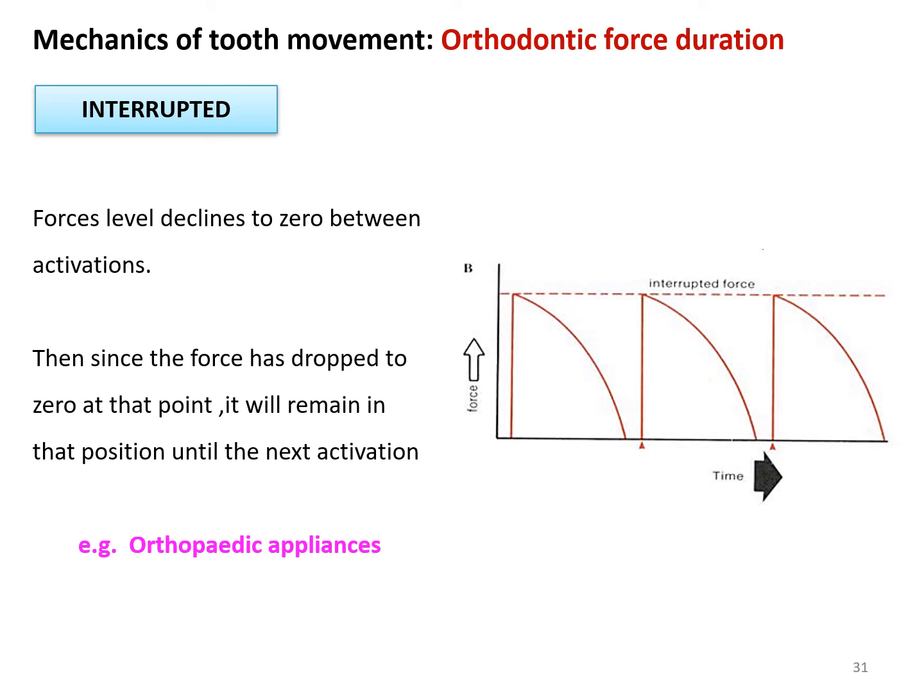So that is what is known as interrupted force duration. So here the force will drop to zero at one point and it will remain in that position until the next activation. So any kind of movement occurring during this period will be halted, and only upon reactivation will that movement again continue to take place.